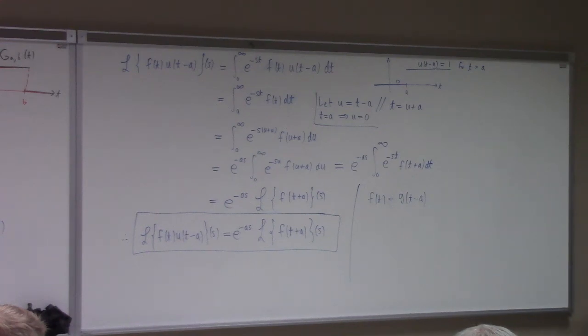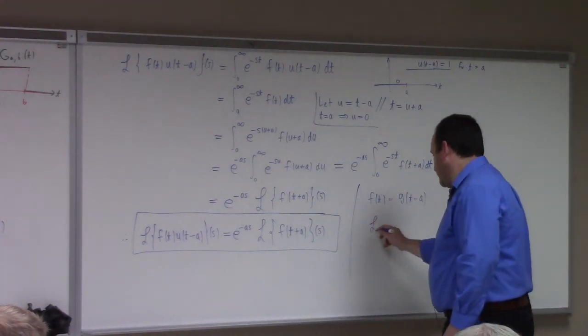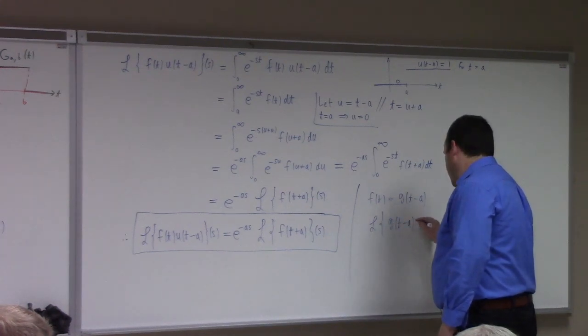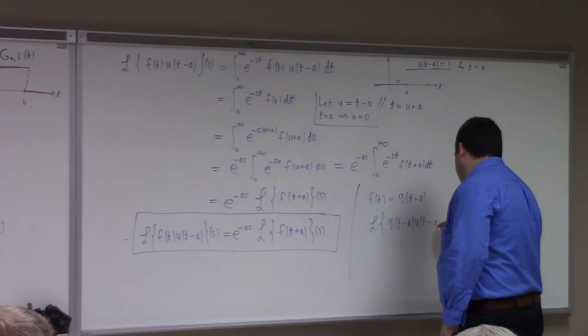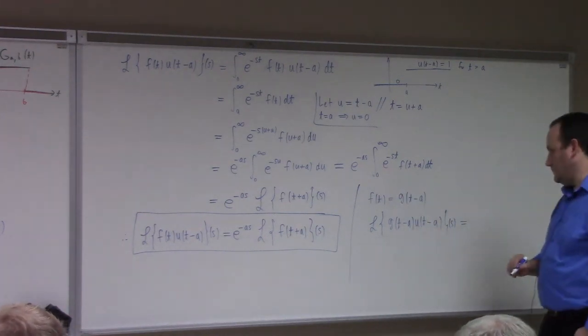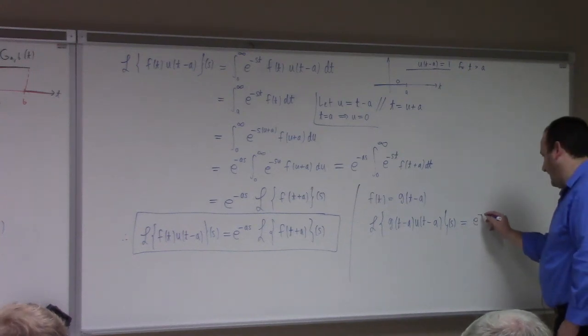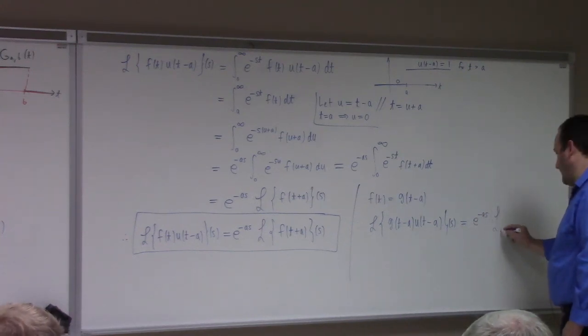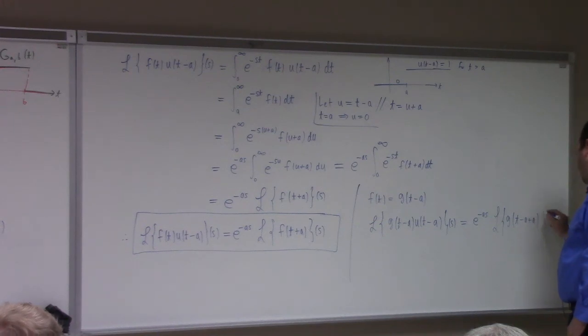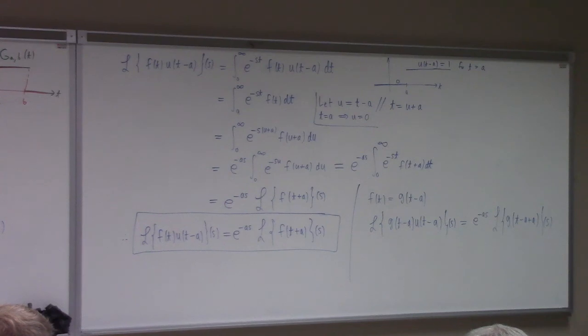It would tell us that the Laplace transform of g of t minus a times u of t minus a is equal to e to the minus as, the Laplace transform of g of t minus a plus a, which is just g of t.